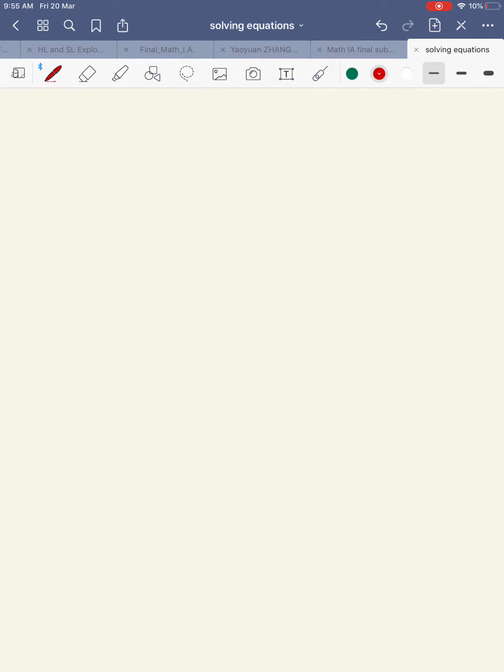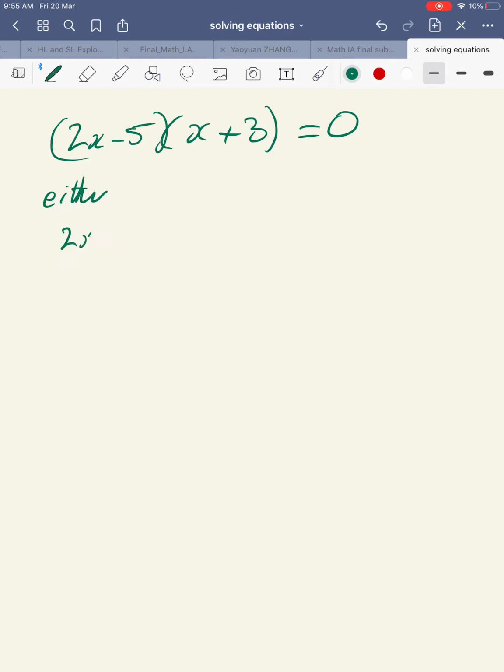Let's just do one more example. (2x minus 5)(x plus 3) equals 0. So either we have to make 2x minus 5 equal to 0, or we make x plus 3 equal to 0, in which case here x equals negative 3.